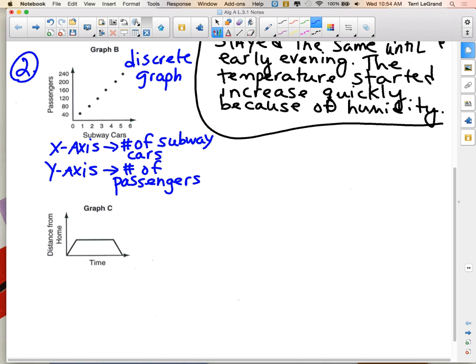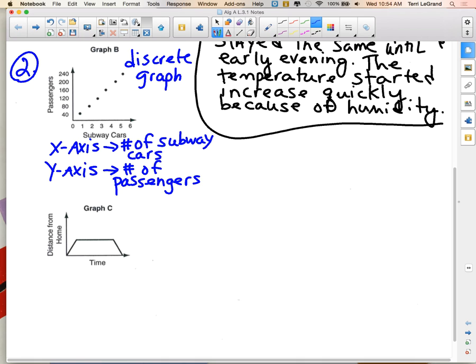The more subway cars that came in, the more passengers. We could even be more specific than that. There's no time involved in this one, just subway cars and passengers.